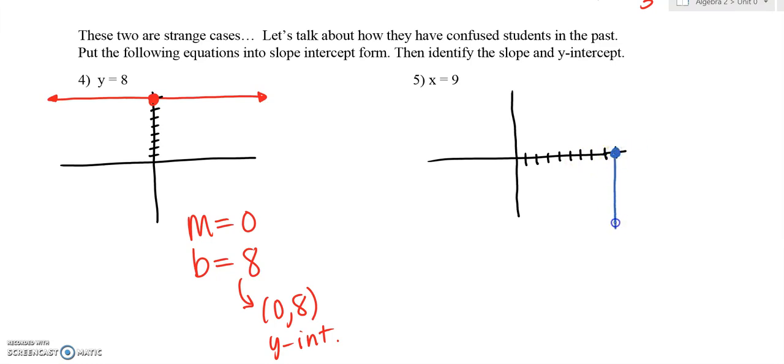And my graph, when I draw this in to show you, is going up and down. This is a vertical line. Okay, and when you have this kind of situation, my slope is actually going to be what we call undefined. So imagine if I was trying to walk up this straight line here, that would pretty much be impossible. I could not do that, so that is why I think of it as undefined.